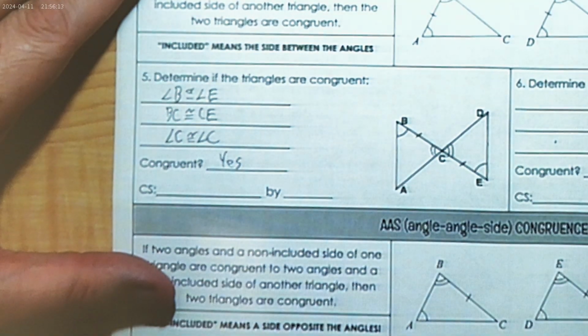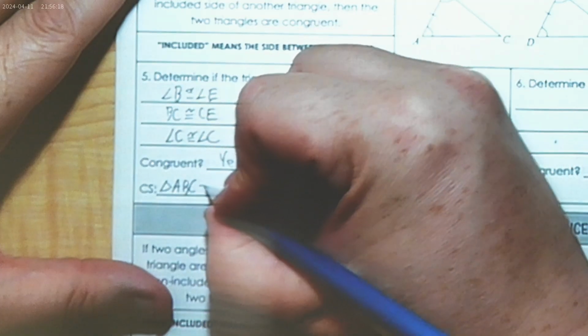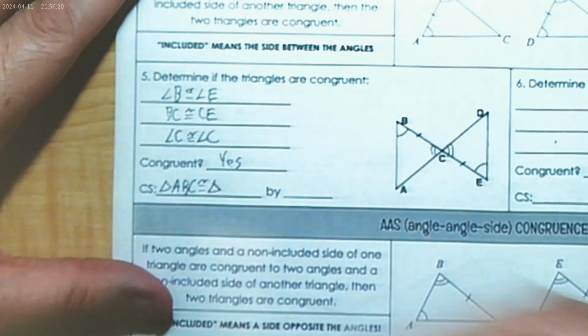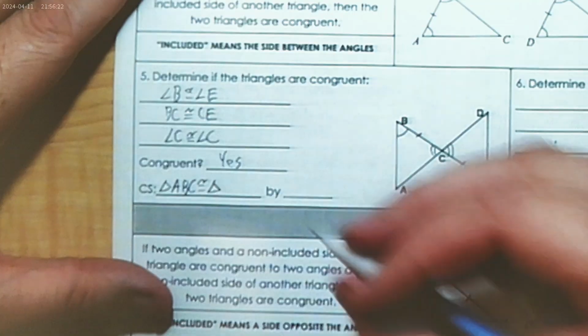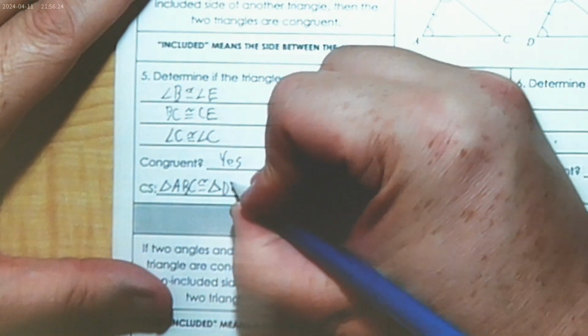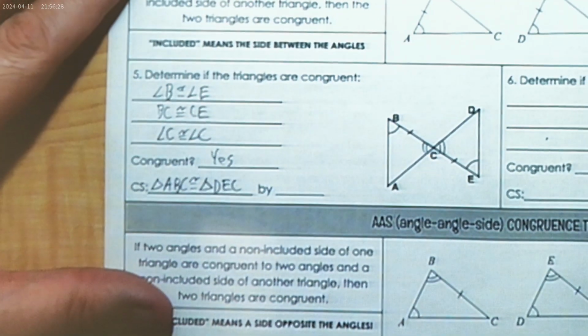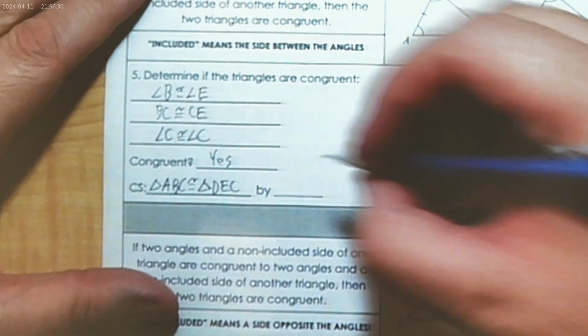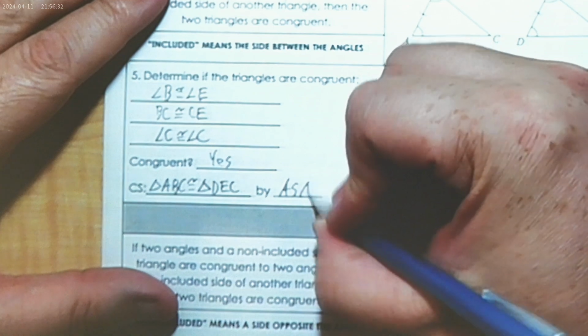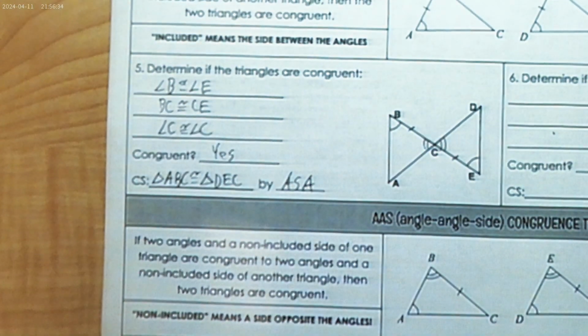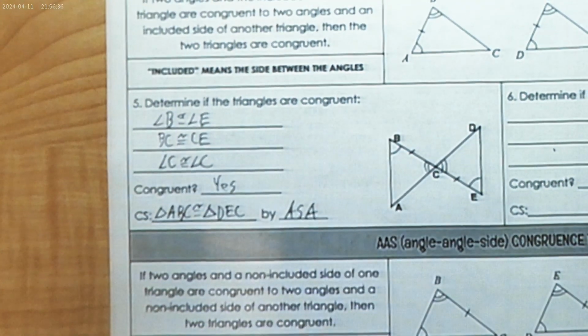Congruency statement: triangle ABC is congruent to triangle DEC, almost wrote DEF there, by angle side angle. So that is how we go about proving that one.